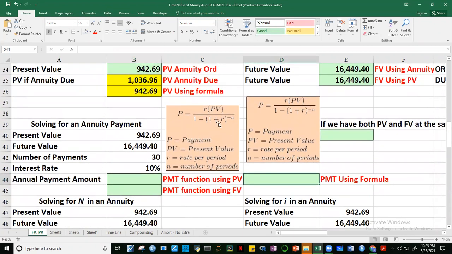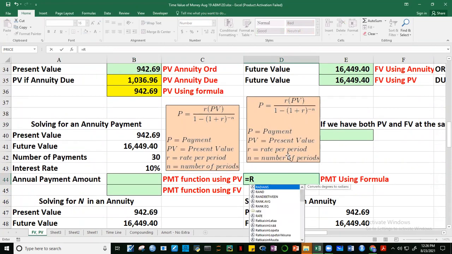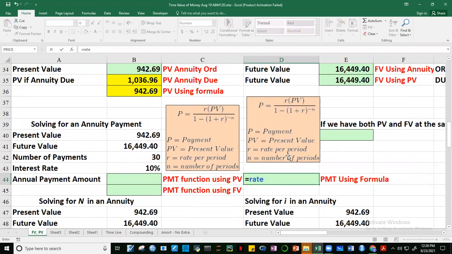So using the formula to compute for the annuity, it's equal to the rate times the present value divided by 1 minus 1 plus r raised to the negative n. So let's compute for that. First is the rate. So rate multiplied by the PV. Meron tayong pangalan for PV. Yeah, not the function, guys, but the yellow one.